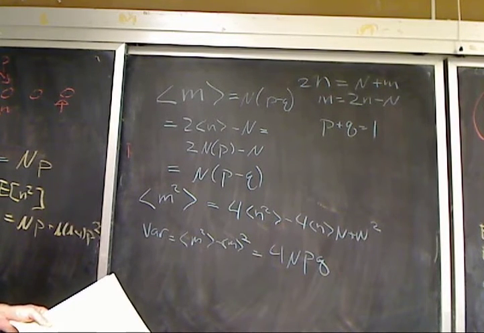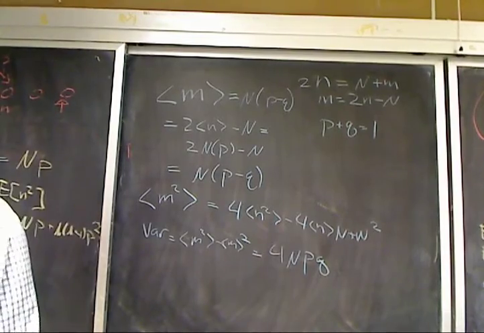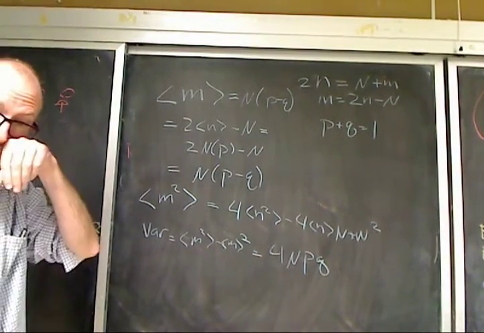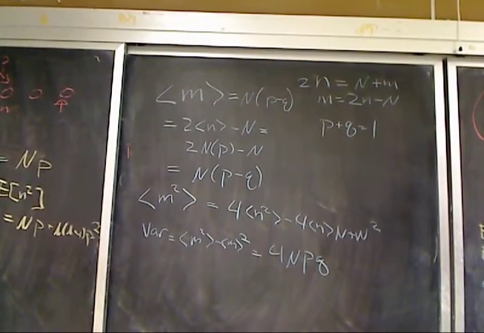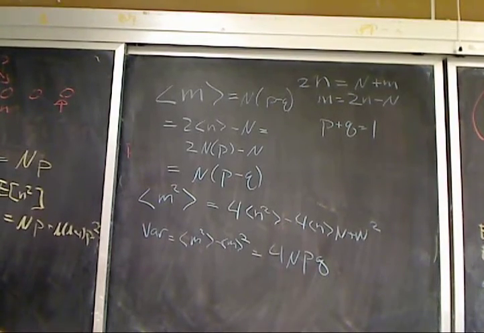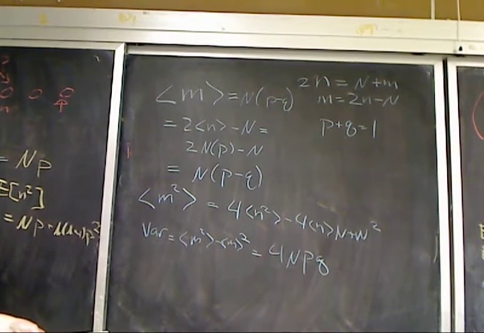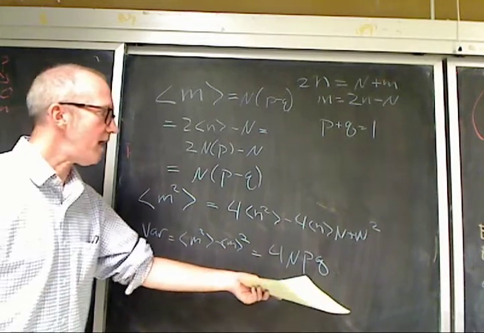So now, all right. So I've been talking about discrete jumps. So let's see. M squared equals 4 N P Q. So if P and Q are, if we have a balanced process, so the probability of going to the left is the same as the probability of going to the right, then P and Q are both half.